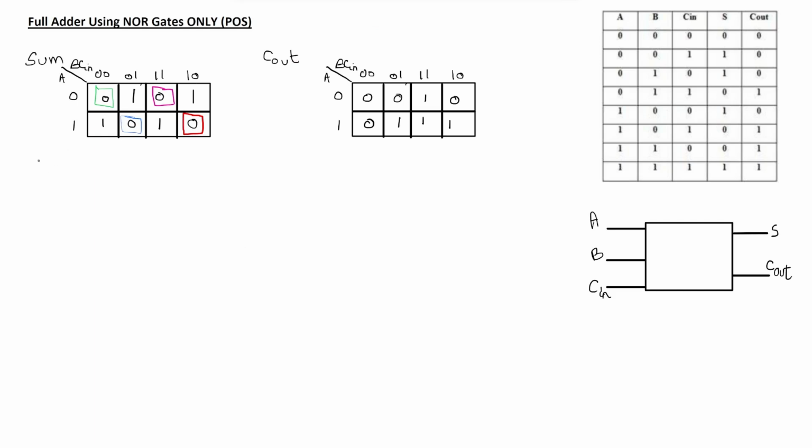So let's see how we can write the product of sums. So S will be equal to, from the 0 in green, A is 0, so we need to treat it as A, plus B and Cn are zeros, so this is plus B plus Cn.